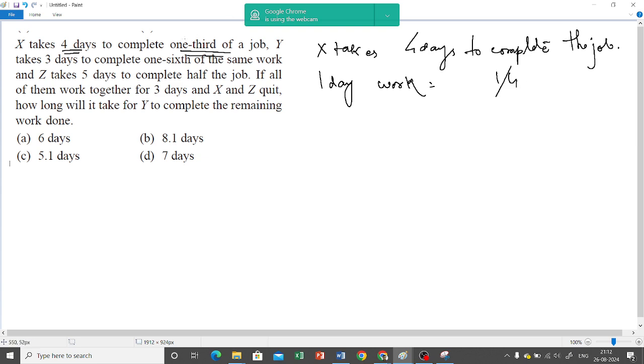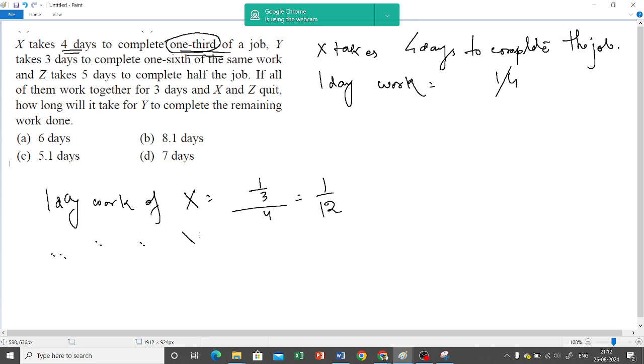But here it is not the whole job, it is 1/3 of the job. So what is the 1 day work of X? 1/12. Why 1/12? Rather than taking 1, we have to take 1/3 divided by 4, that is 1/12. You understand this? 1 day work of X is 1/3 by 4, that is 1/12.